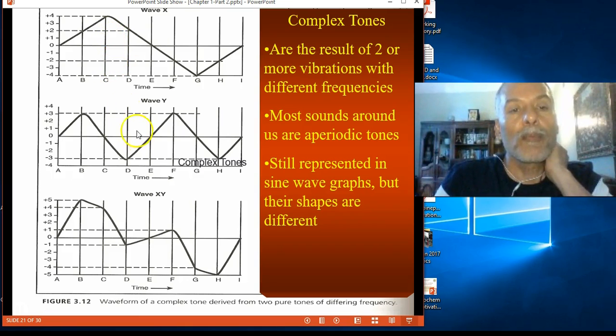In other words, one single wave of the second equals half a wave of the first. Again, from A to I, you have 2 waves in the second, and for the first wave, you have a single wave.